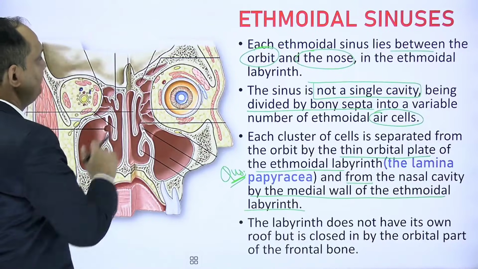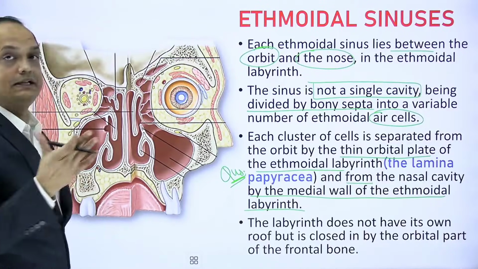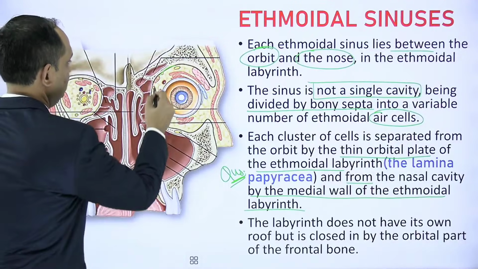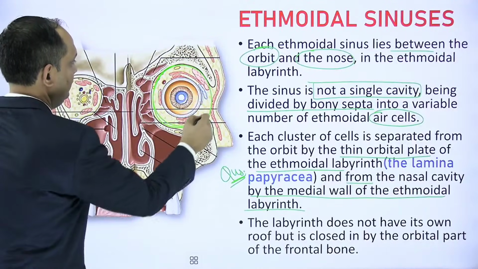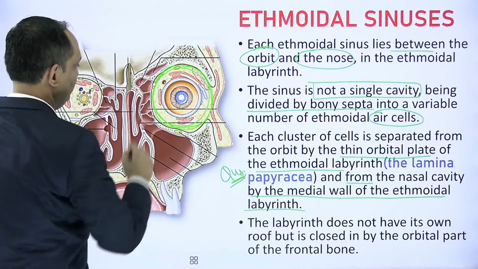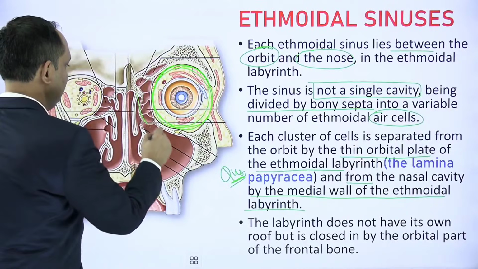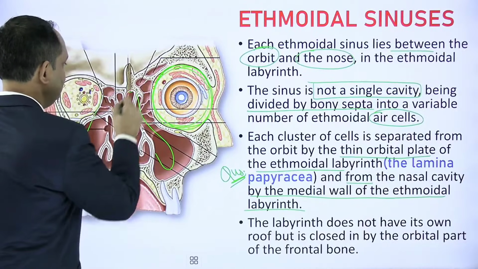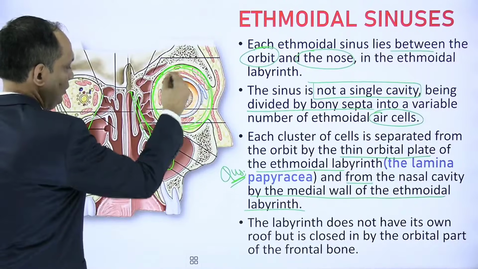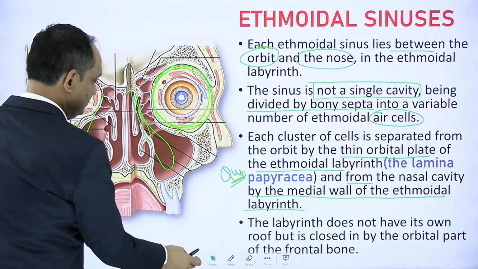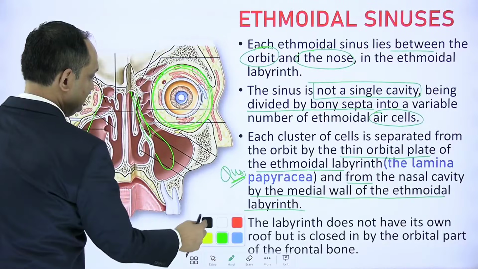In this diagram, if you see where the orbit is, this is the orbit. Inside this orbit you can see the eyeball, and where is your nose? This part is the nasal cavity. So this is your nasal cavity and this is your orbit. Now where will you find the lamina papyracea?